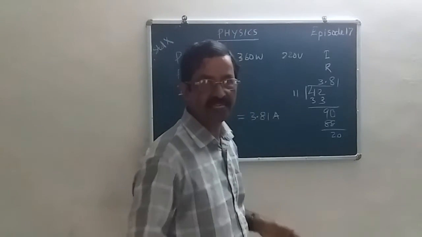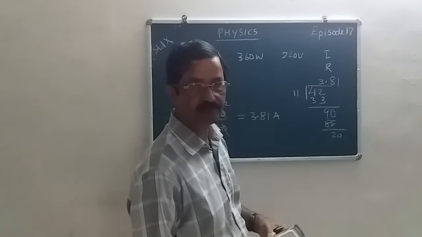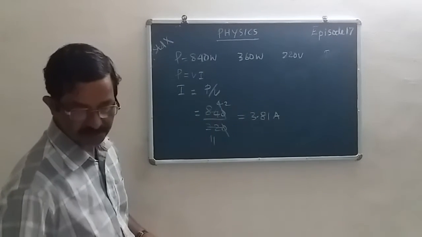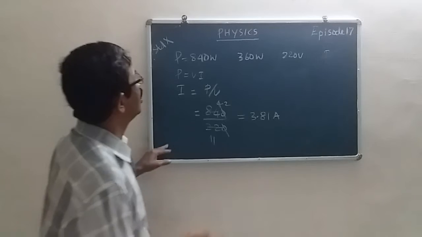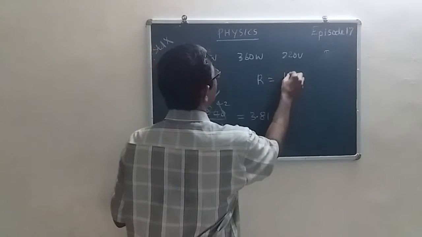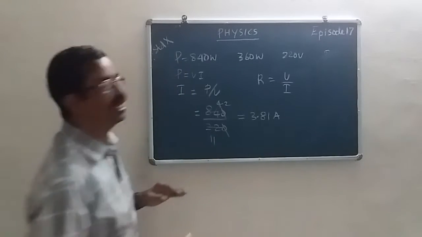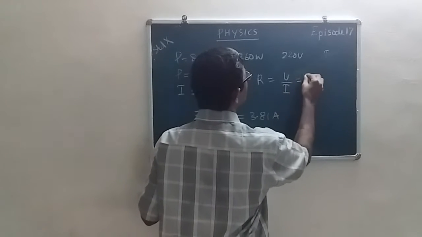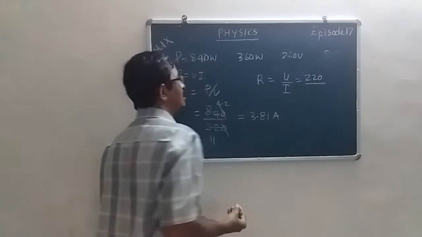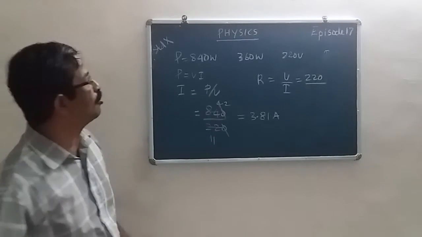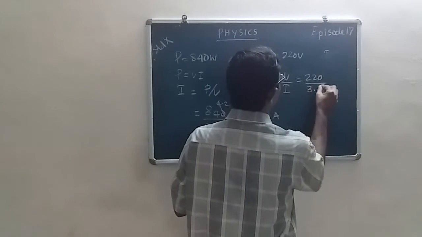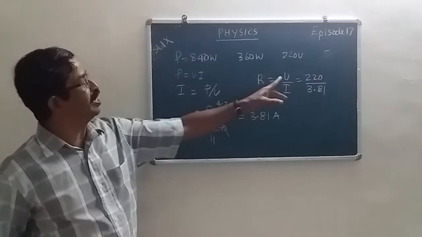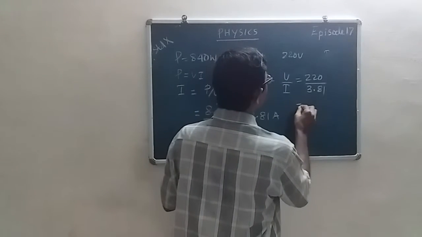Then we want to find its resistance. So next we want to find the resistance. We know R is equal to V by I. That means V is 220 divided by I, which is 3.81.